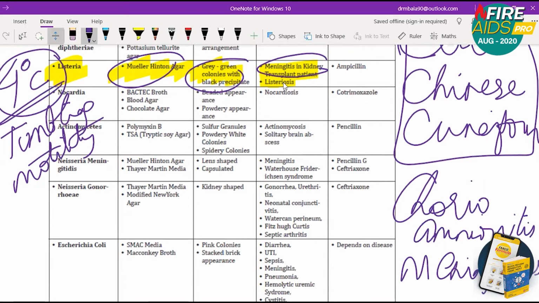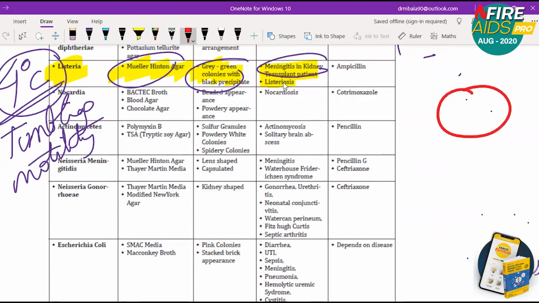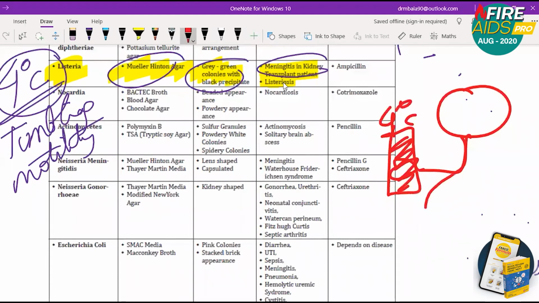For remembering all of them, remember Listeria as a girl who is holding a tumbler in her hand, which has cold water of 4 degrees Celsius, and she is pregnant. So chorioamnionitis, stillbirth, abortion, all those risks are there in Listeria.